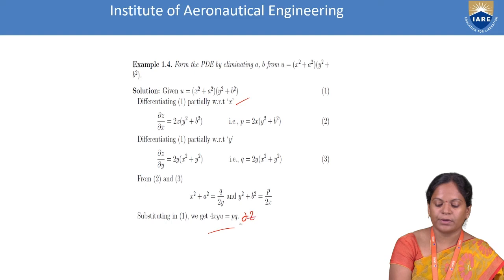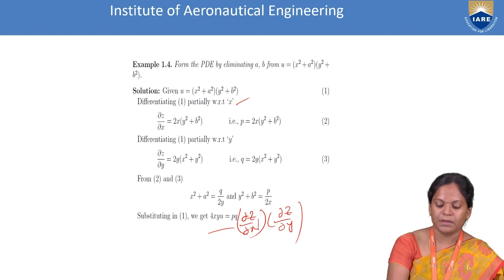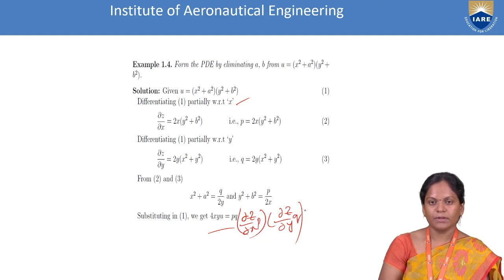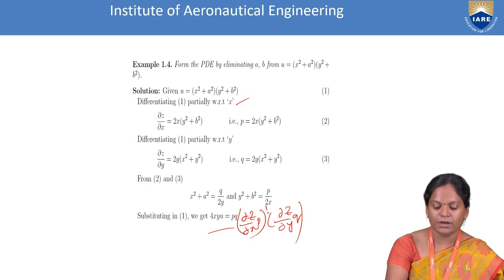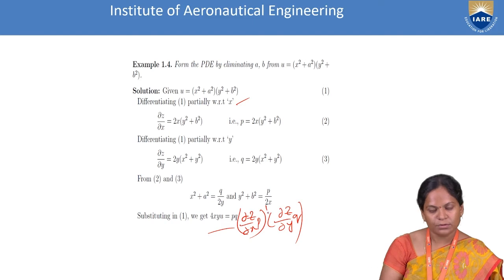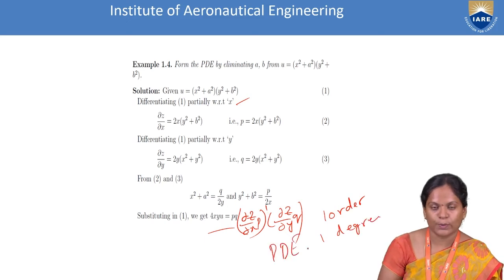Dou z by dou x into dou z by dou y. So here p or q, order is 1. p is nothing but dou z by dou x, first order. And the power is here only 1. So this is also again a first order and first degree partial differential equation.